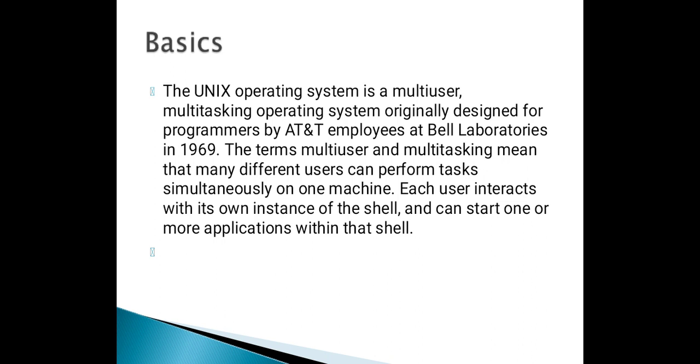So it manages multiple tasks or multiple processes at the same time. At the execution end, we run multiple processes or tasks or modules at the same time, so we call this operating system a multitasking or multi-user operating system.